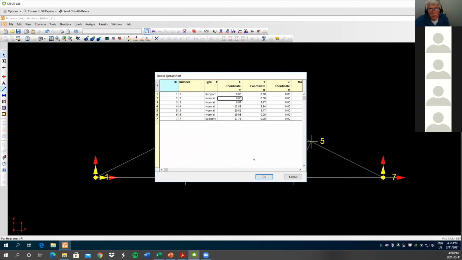For some reason, it's not. Can you put that value in? Yeah, I'll try. So put 9.25 there. 9.25 times 2, and then this one here at node number 6 would be at 18.5.